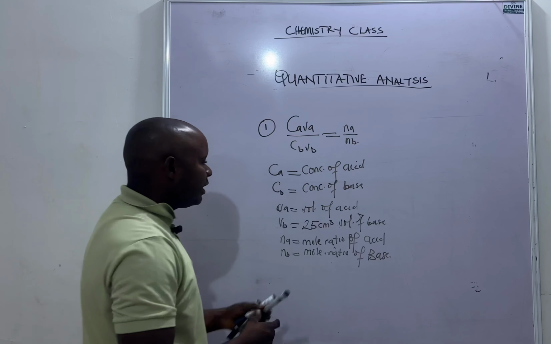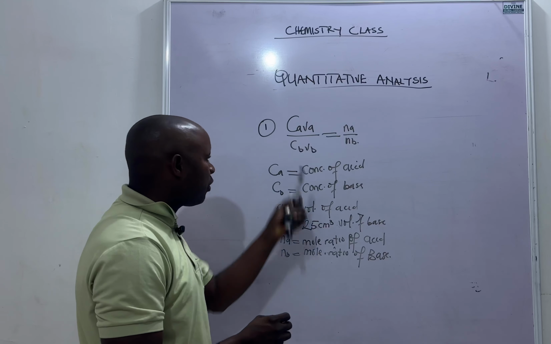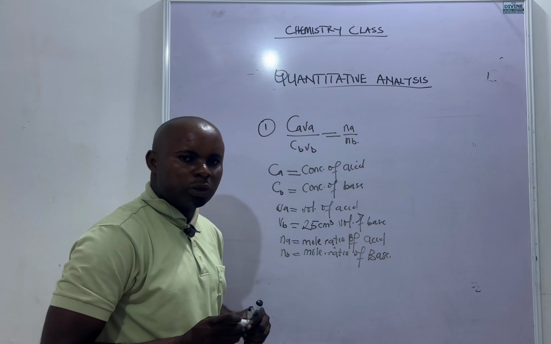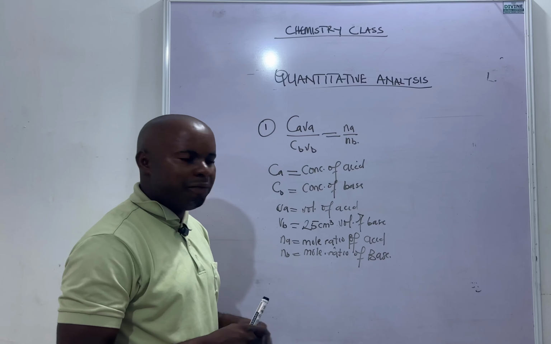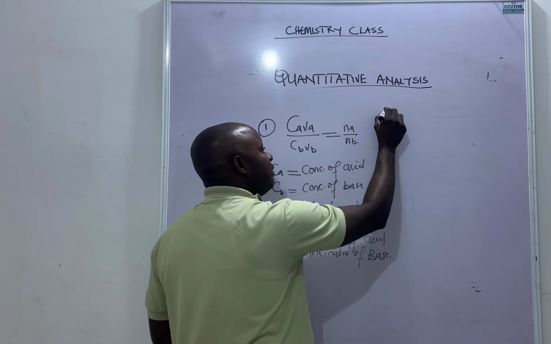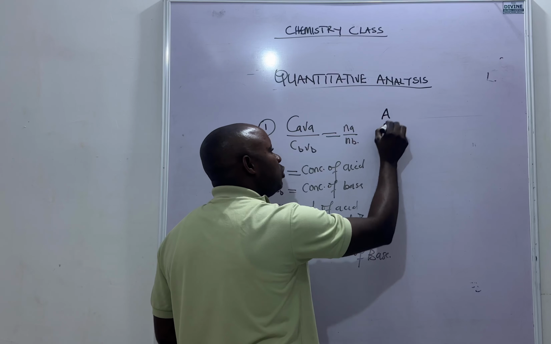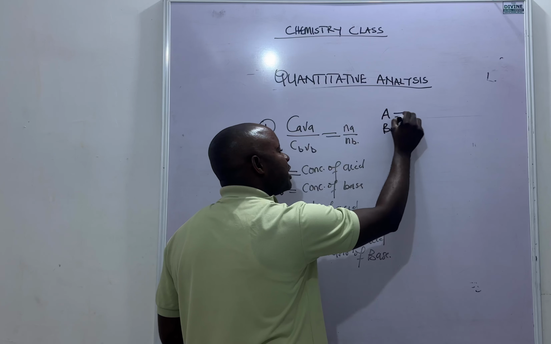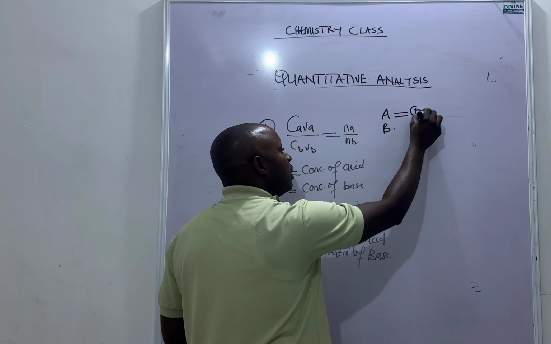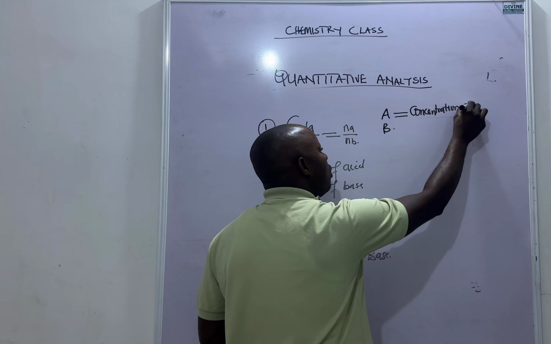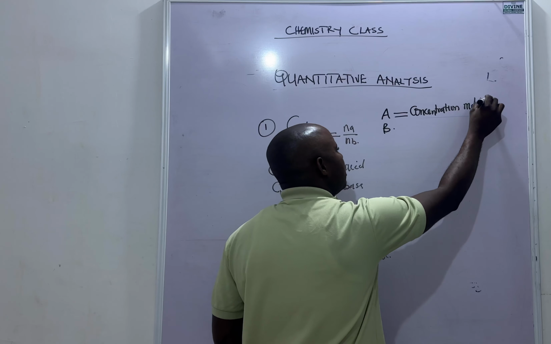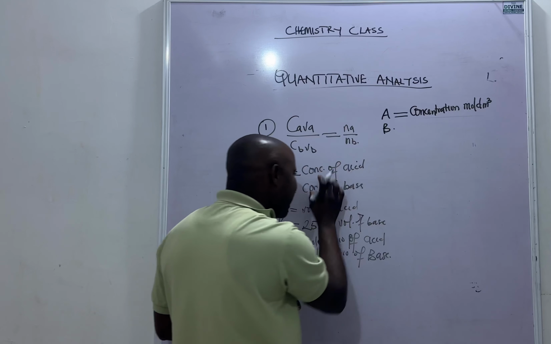So in this aspect, what are the conditions for us to use this equation during examination? One of the conditions is that if, of the acid and base that is given to you, the concentration of one of them is given in mole per dm cube, we can use this equation.